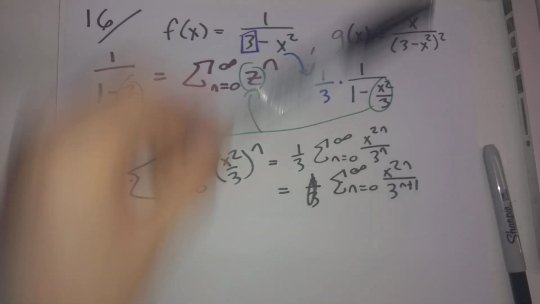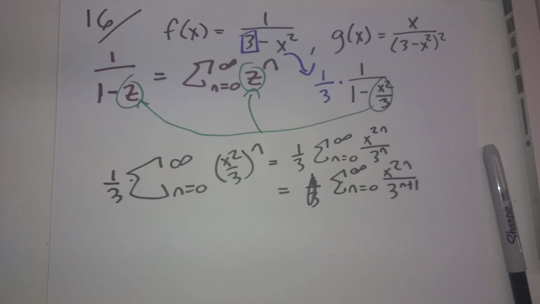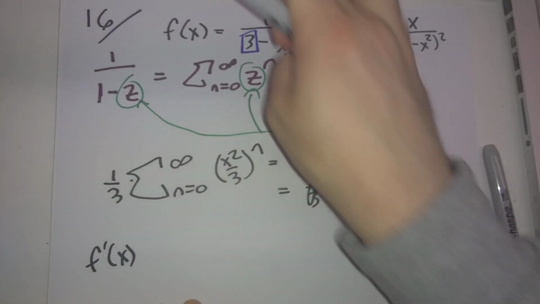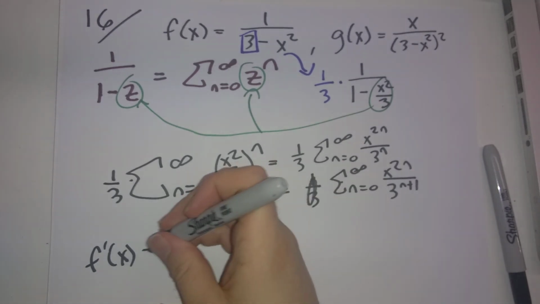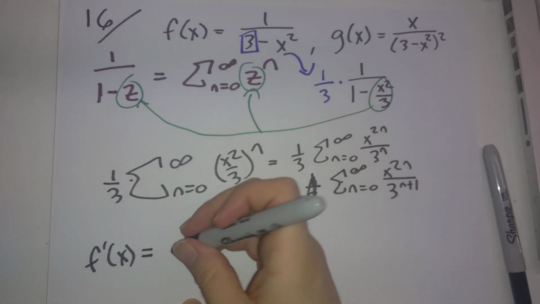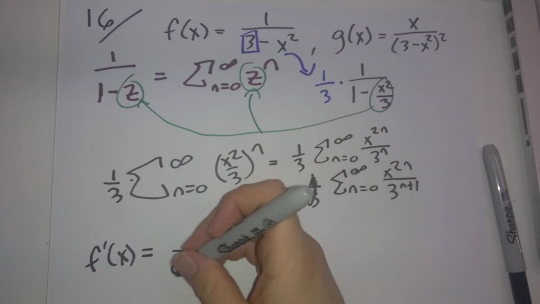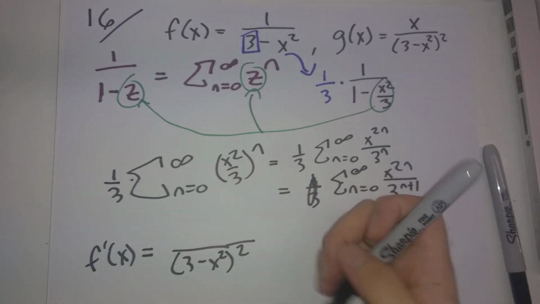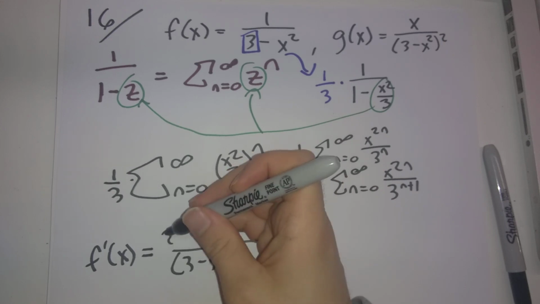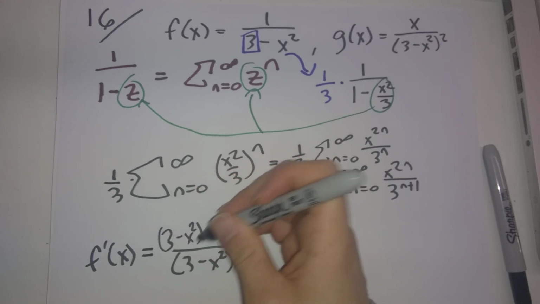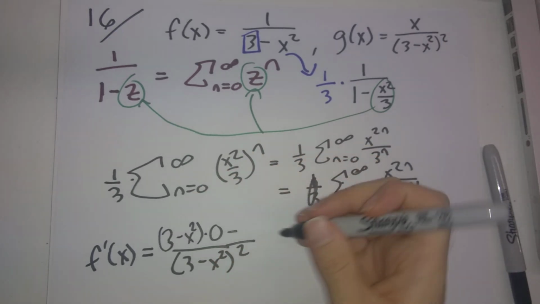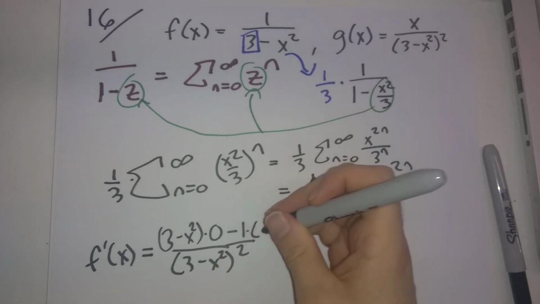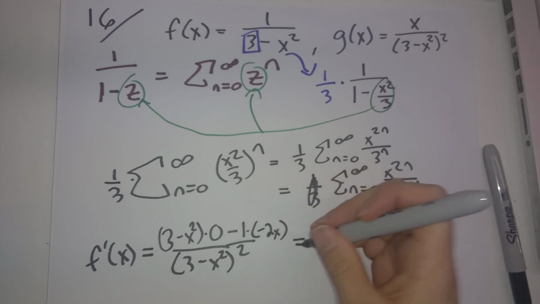Let's see if something like that is happening. Let's actually sit down and calculate what f prime of x is from scratch. If I use the quotient rule, it's 3 minus x squared, squared, and then low times the derivative of high, which is 0, minus high, which is 1, times the derivative of the downstairs, which is minus 2x.